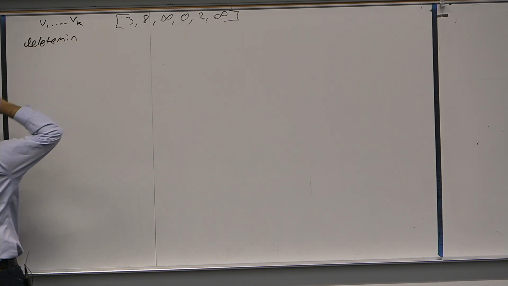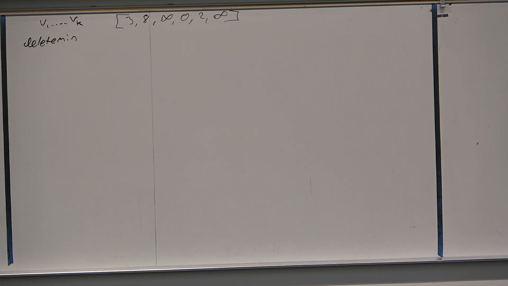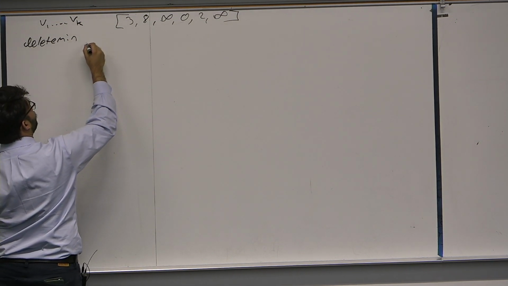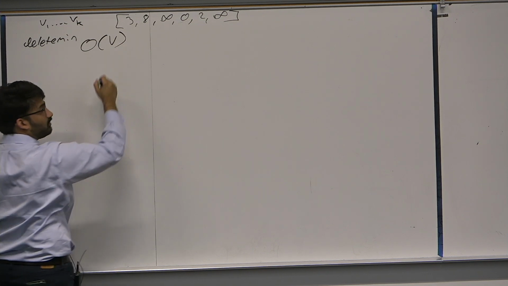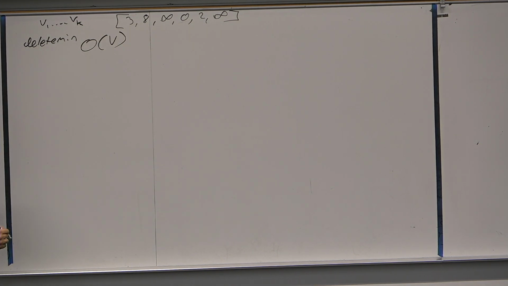If we have an unsorted array, what is the time it takes to delete the min? Yeah, it takes O of V to delete the min. Why? How do you find the min? It's unsorted, so you just have to loop over it.